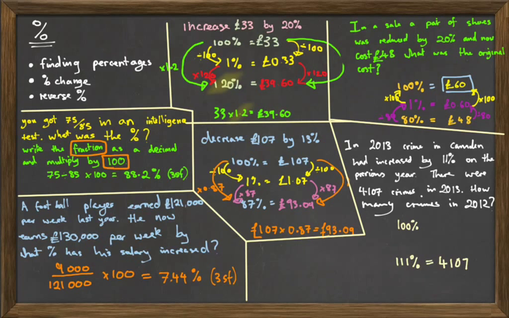From here it should be very easy. We just find what 1% is equal to. How do we do that? Well, we divide by 111. Dividing 4,107 by 111 gives you 37 crimes. Okay? How do we get from 1% to 100%? You just times by 100, giving you 3,700 crimes in 2012.